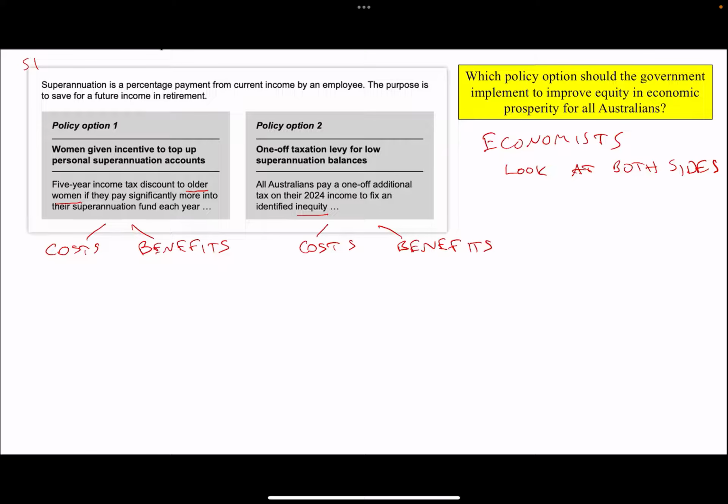This will help you to really look at both sides of the argument. And from there, you start to come to a decision using reason, logic, and evidence.